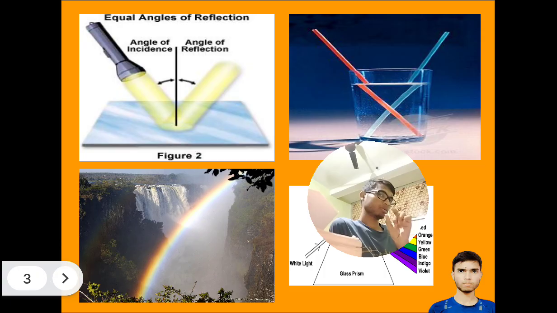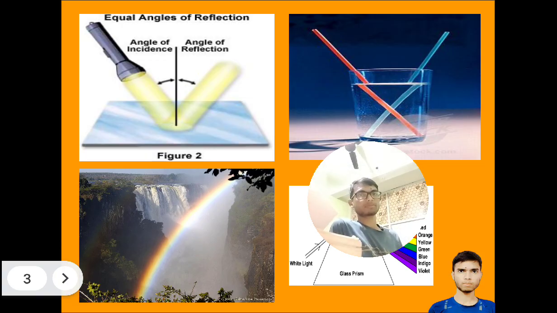And now we take a normal line so that we can calculate the angle. We just imagine that yes, there is a normal line. Between the normal line and the incidence ray will be an angle, and the name of this angle will be the angle of incidence.